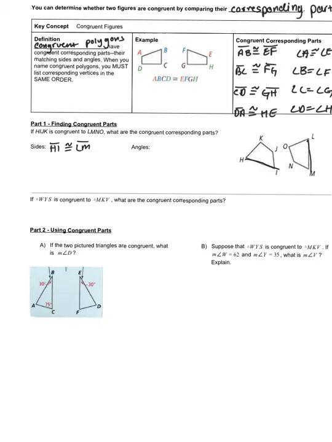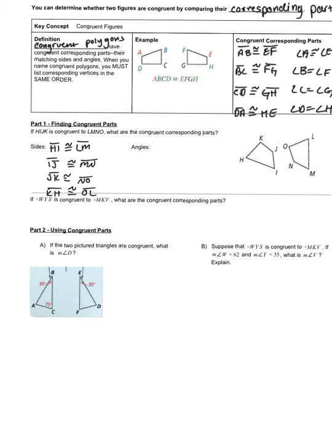And then we have IJ is congruent to MN. And then JK is congruent to NO. And last but not least, KH is congruent to OL.